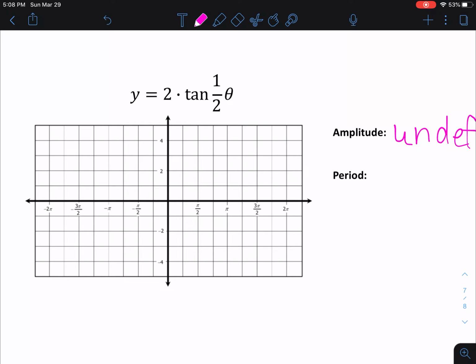Okay, and then the period for tangent is pi. We're going to divide that by b, which here is a half. So pi divided by 1/2 would be 2 pi.